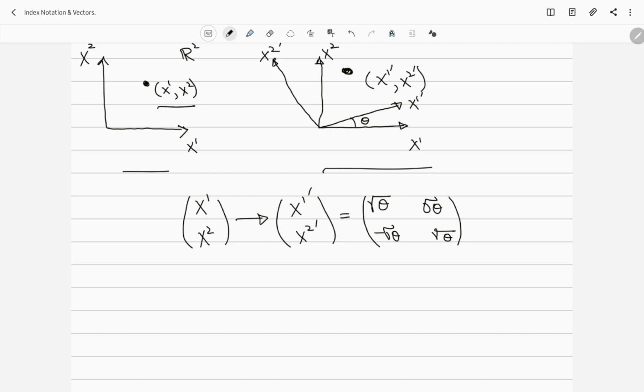This matrix acts on your original coordinate system vectors, which are just x1 and x2.